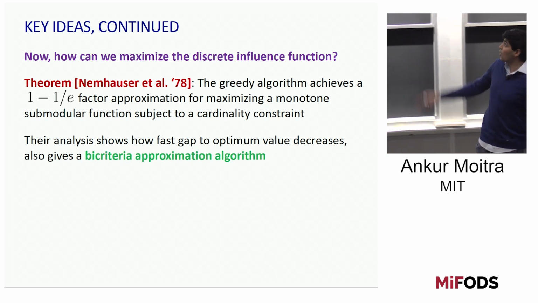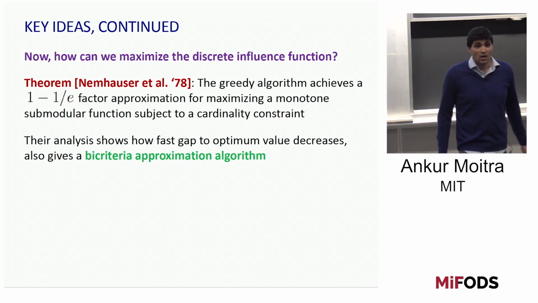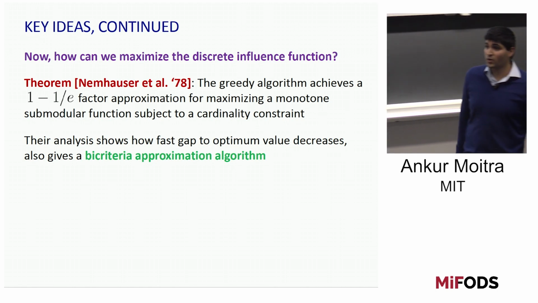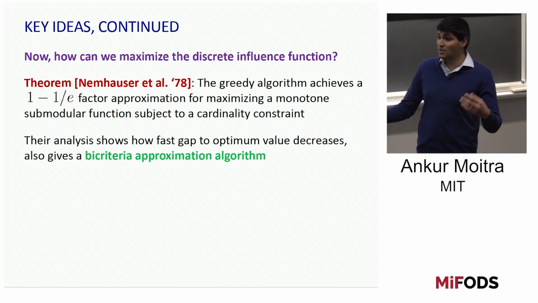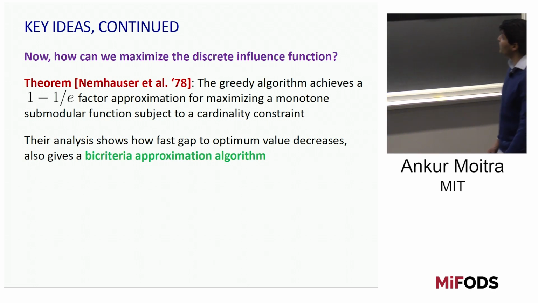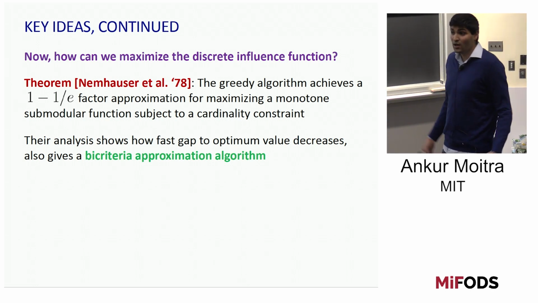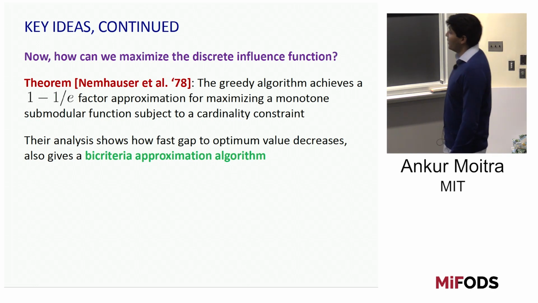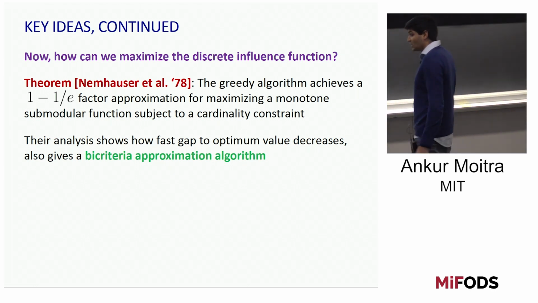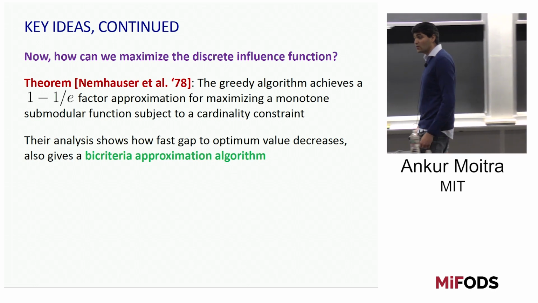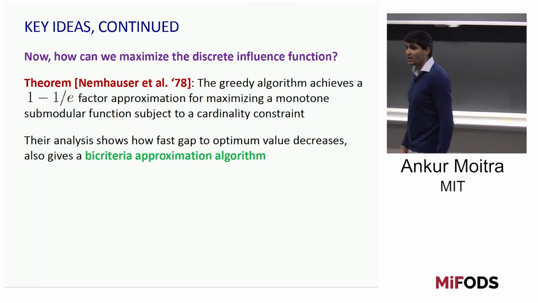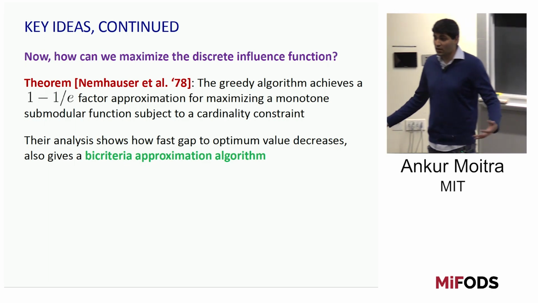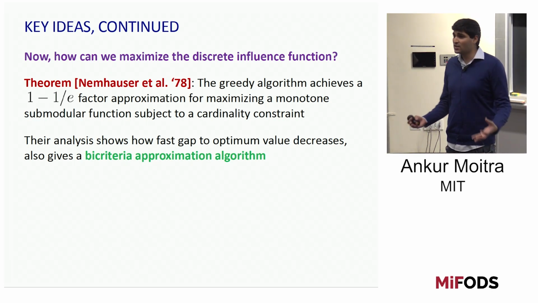For example, there's this old result of Nemhauser et al., which says that if you talk about the cardinality-constrained version, so I want to find the set S of size k that maximizes some monotone submodular function, there's a 1 minus 1 over e approximation factor for it. Now, that approximation algorithm won't be directly relevant for us. We can't use it off the shelf, because what happens if we get a 1 minus 1 over e approximation to the discrete influence function? That might still miss some nodes in the 2-hop neighborhood. I don't know.